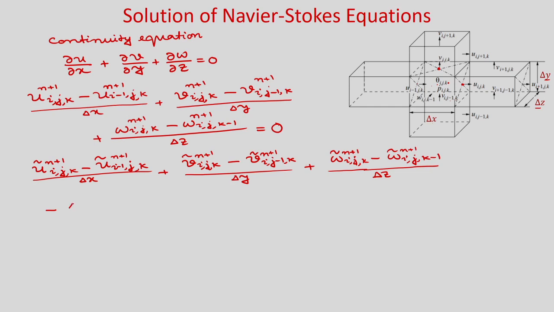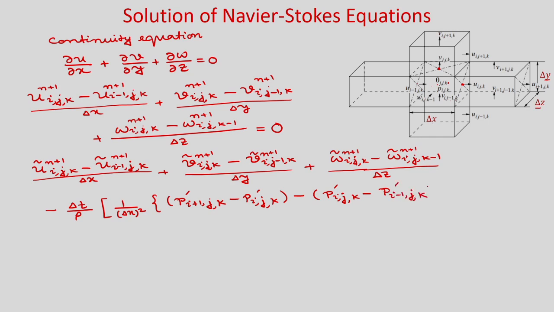That will be minus delta t by rho times 1 by delta x square, then p prime i plus 1 j k minus p prime i j k, and from the other point, from i minus 1 j k, you will get the pressure term as p prime i j k minus p prime i minus 1 j k.